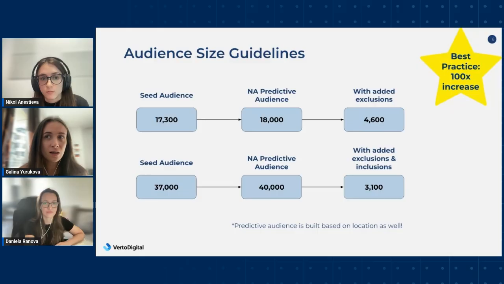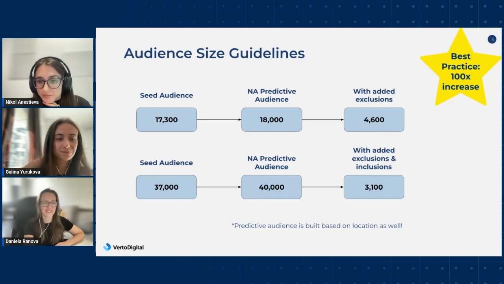And there is another account which we're working with where we have increased the audience up to 100 times, so exactly how much it is in the best practice. And it is working really well. So if it's up to 100, as they say in the best practice, yes, it works. We haven't really tested anything beyond 100 times bigger.